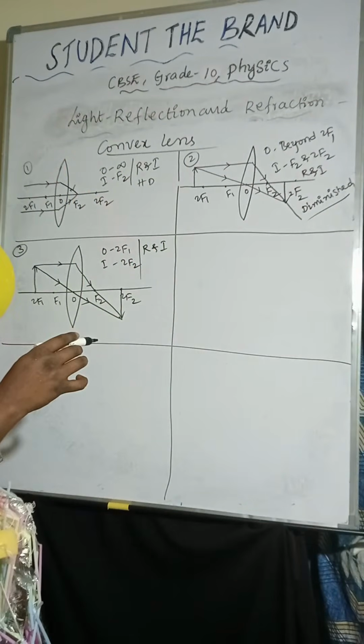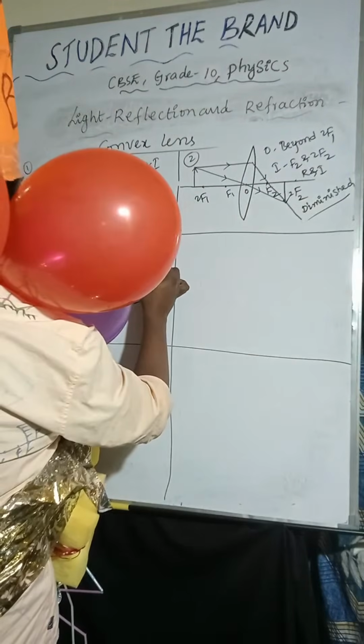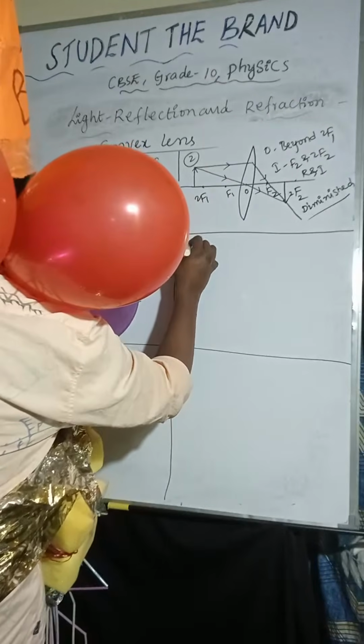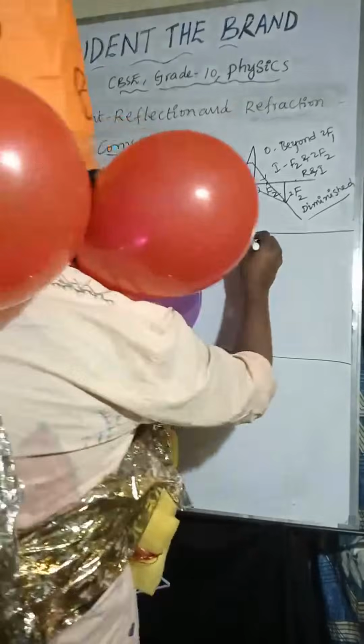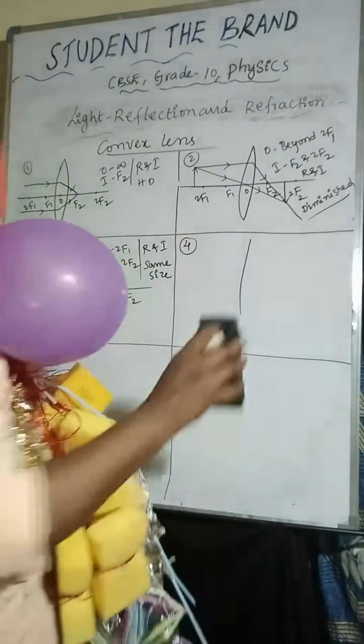Image is formed at 2F2. Nature of the image is real and inverted, and same size. And coming to fourth one. Here you can see.